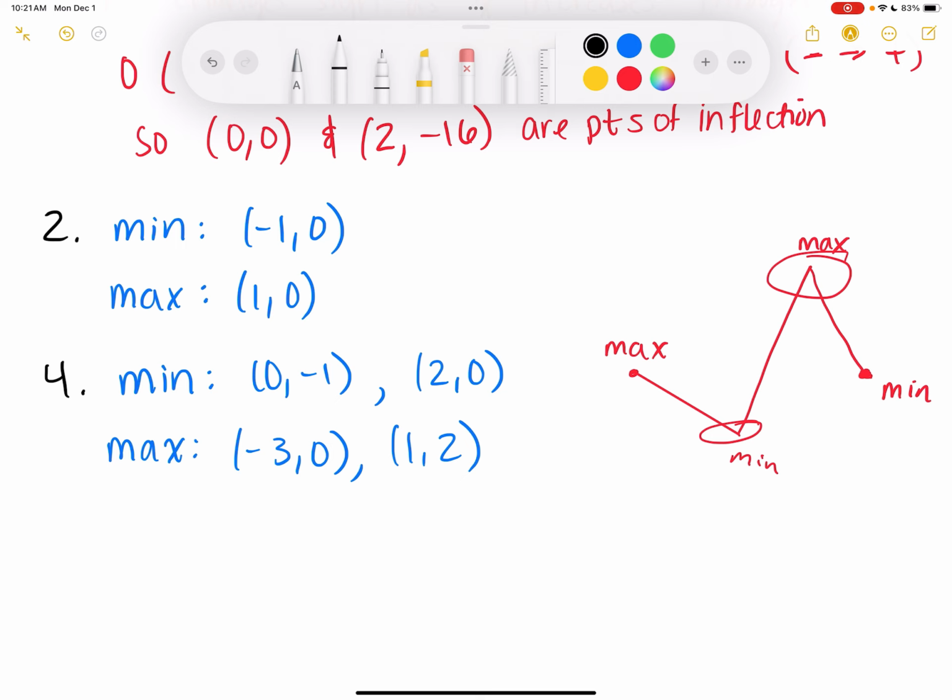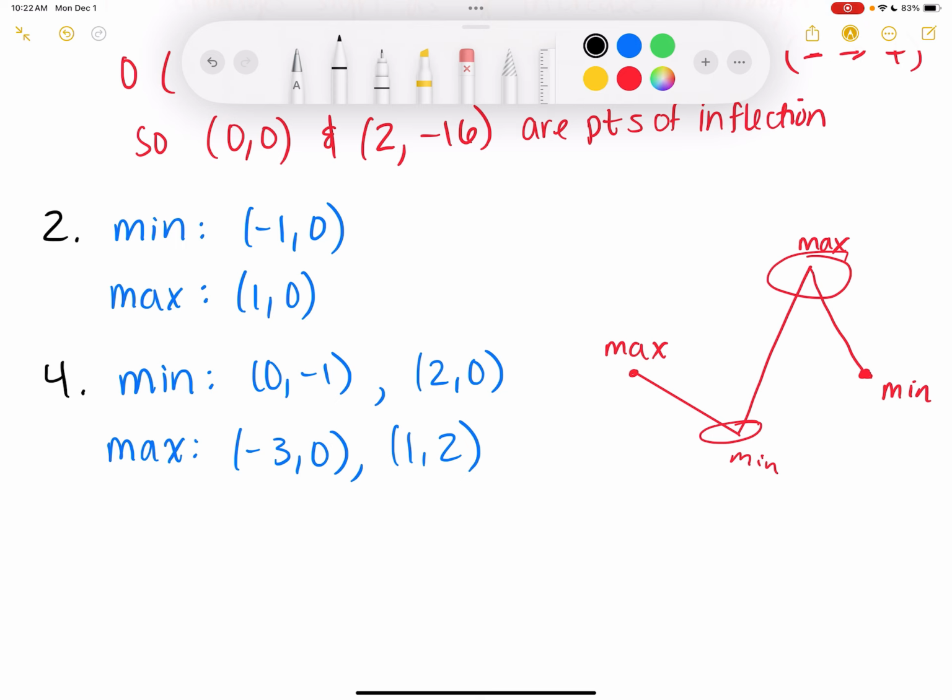So identify each x value at which any absolute extreme value occurs. Explain how your answer is consistent with the extreme value theorem. Let me see if I can find. The extreme value theorem says if f, the function, is continuous on a closed interval a to b, so essentially we'll see all of these, well, most of these have a closed circle on both ends, showing us that's our interval.